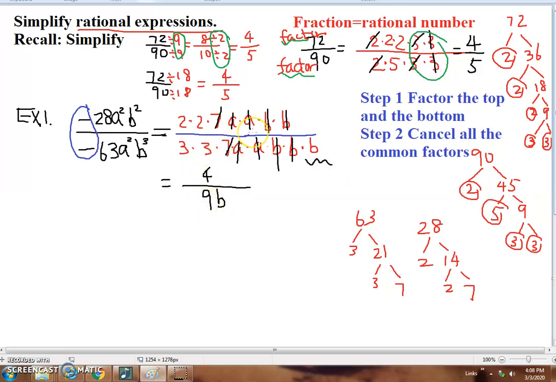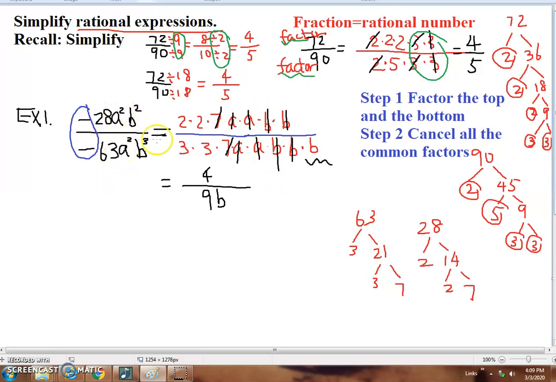And notice this process is also a little bit tedious because we have to factor a squared, or use the definition that it means a times a. But if you understand the process, you can go ahead and cross out a squared and a squared together.